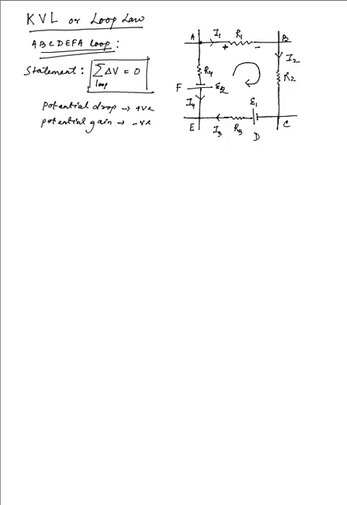Now, as one moves along the loop, whenever we are moving from the plus sign towards the minus sign, we will have a drop, because plus is for higher and negative is for lower. So from the higher towards the lower, there is a drop in potential.